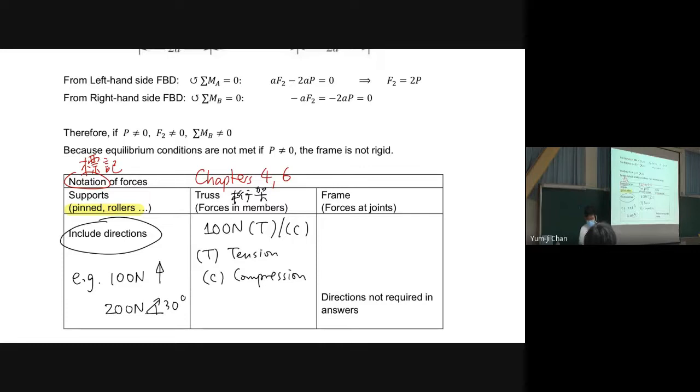So assume all members in tension at the beginning when drawing free body diagrams.